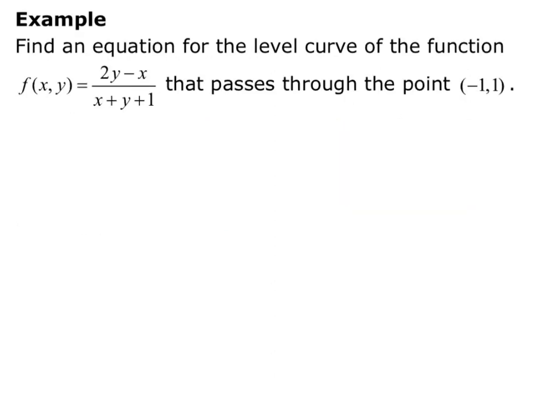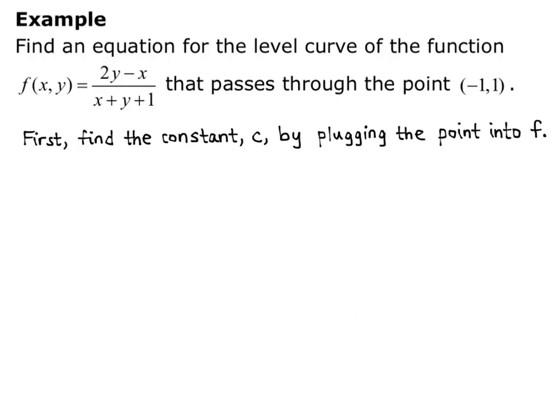This last example is a little different because it gives us a point instead of a constant value. We are asked to find an equation for the level curve of the function f(x,y) equals (2y minus x) over (x plus y plus 1) that passes through the point (1, negative 1). So first, we want to find the constant c by plugging the point into f.